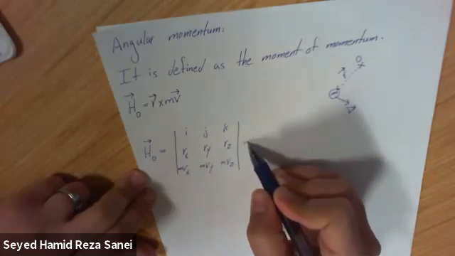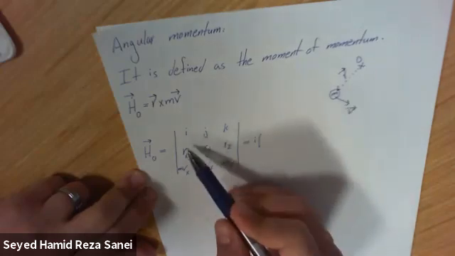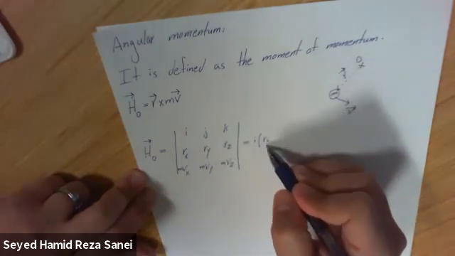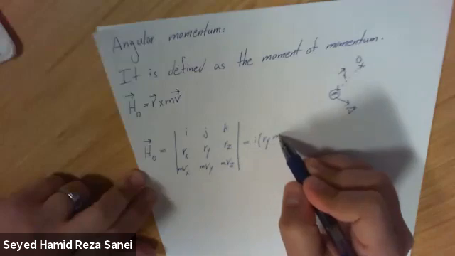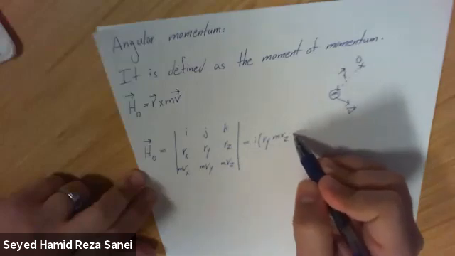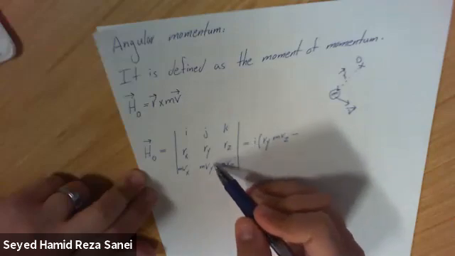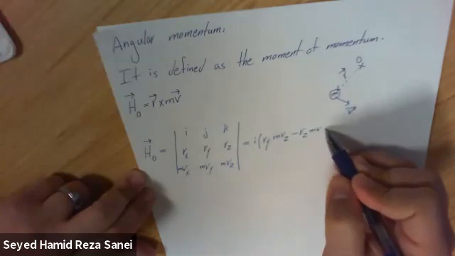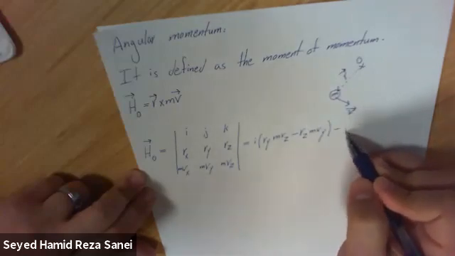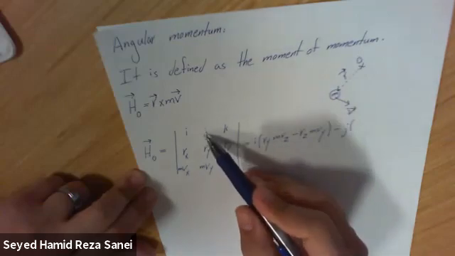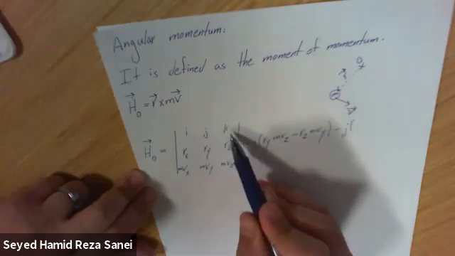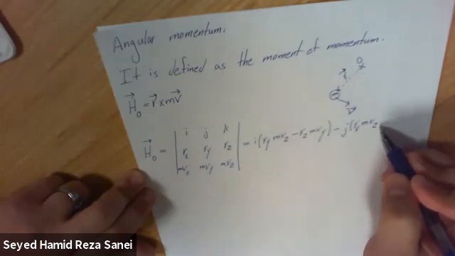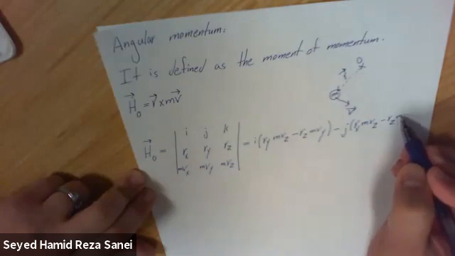If you want to expand that, for i, I remove the first column and the first row, so that would be Ry times m vz minus Rz times m vy. And for j, similarly, we remove the second column and the first row: Rx m vz minus Rz m vx.